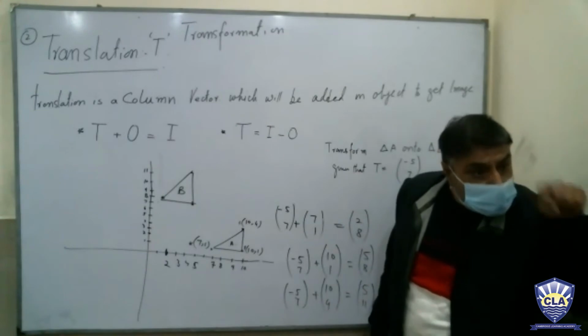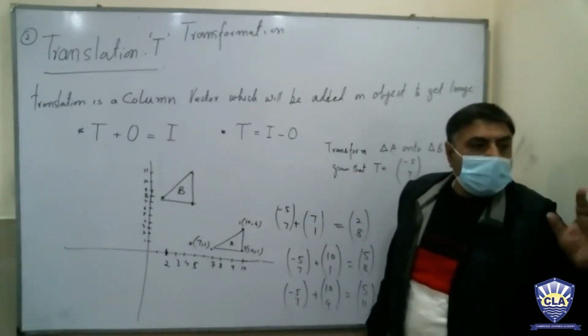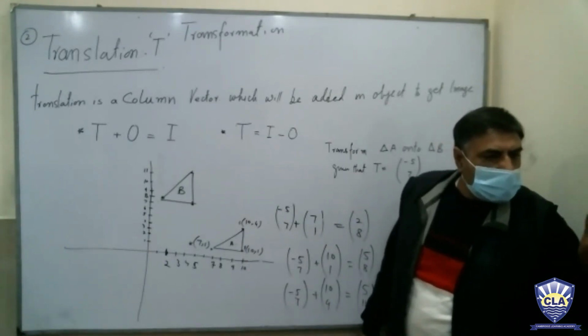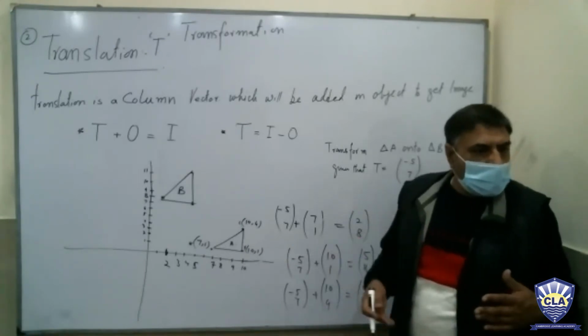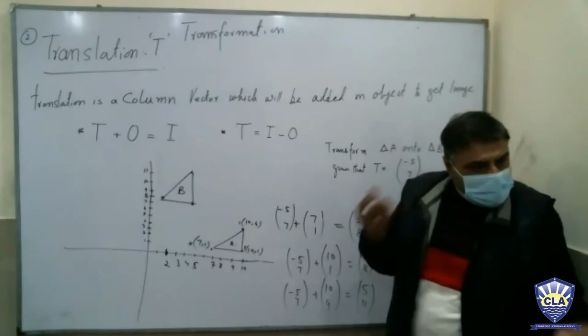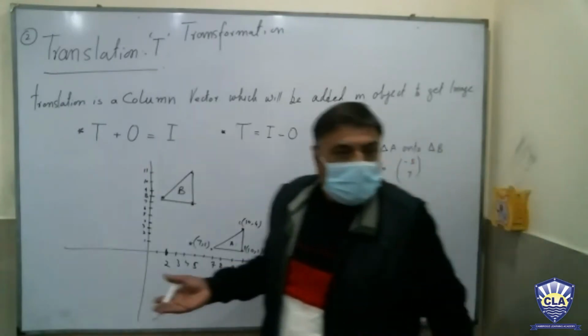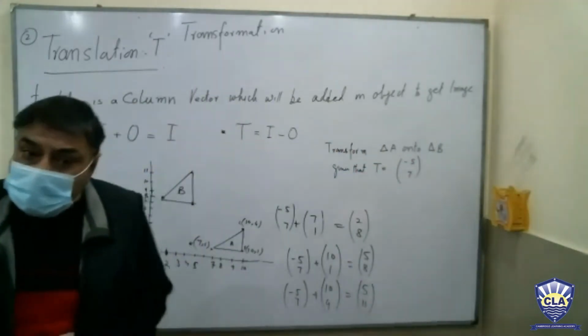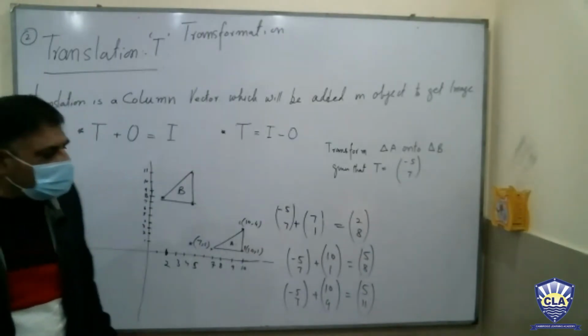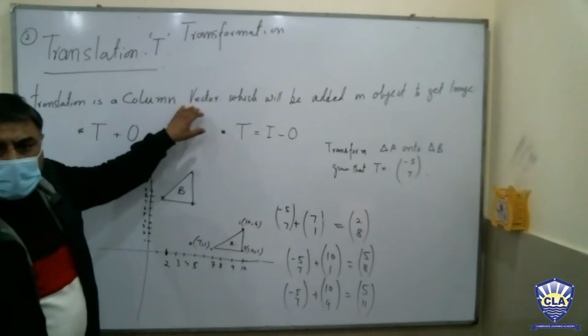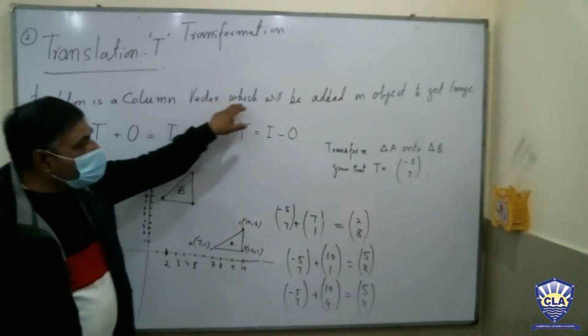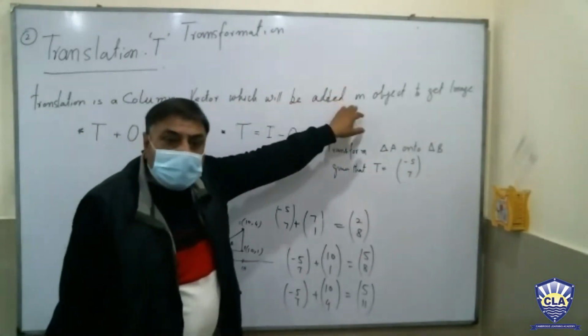Translation is added to each point of the triangle. In a triangle, we have 3 points. It is not a reflection. It is not a rotation. I'm not rotating, I'm not reflecting, I'm just translating. And what is translation? Translation is a column vector which will be added to the object.